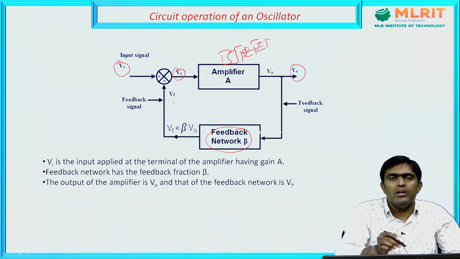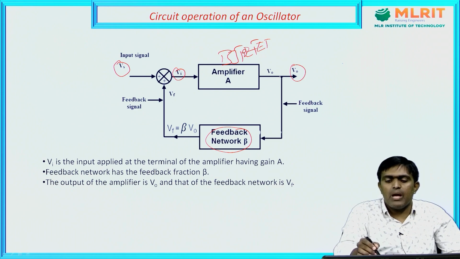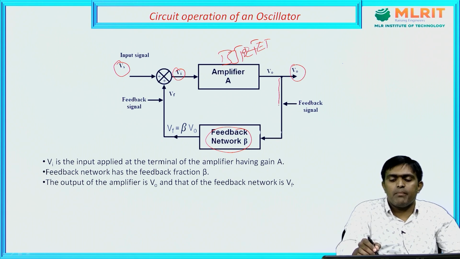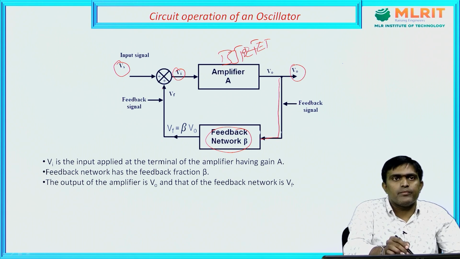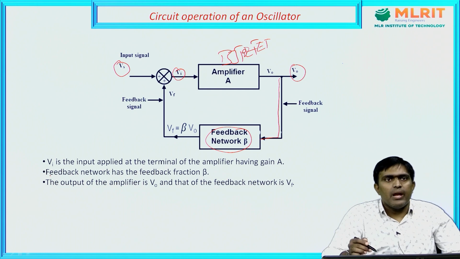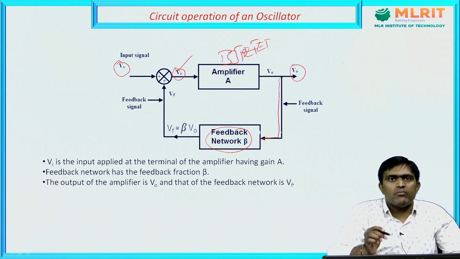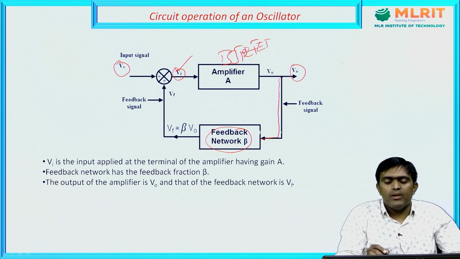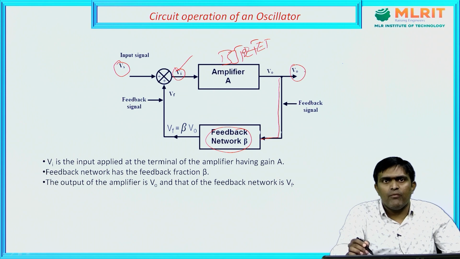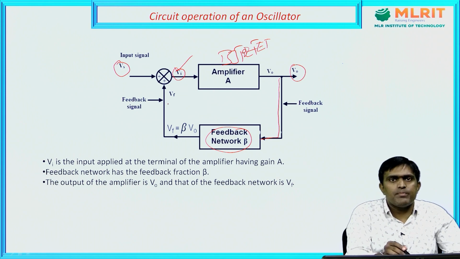Here Vi is the input to the terminal of the amplifier with gain A. The feedback network has a feedback fraction beta, the output voltage is represented by V0, and the feedback voltage is represented by the capital letter V suffix F.